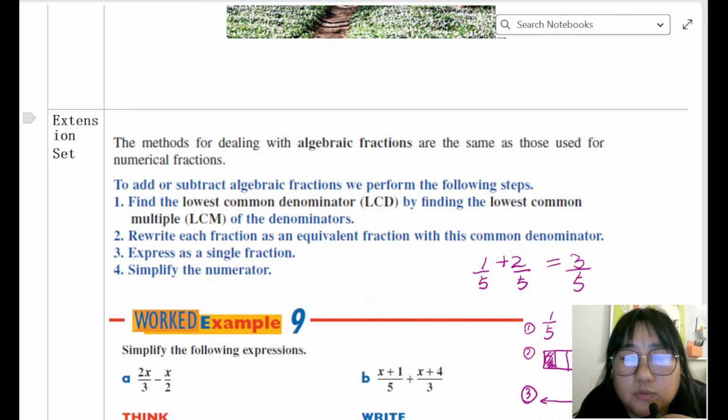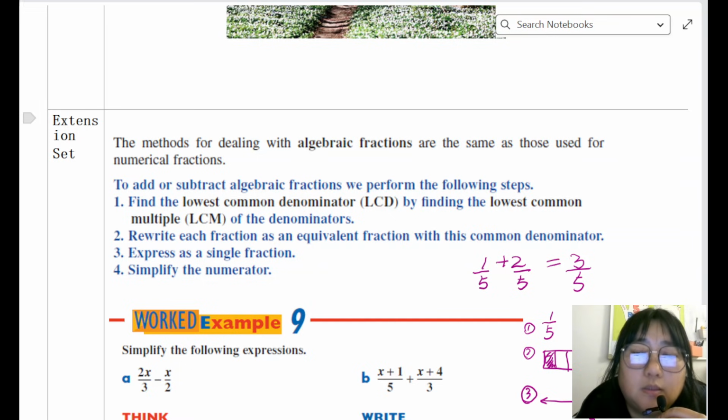Between 0 and 1, we can present our fractions, especially a proper fraction like 1 over 5. We still separate this from 0 to 1, so we split it into 5 even parts: 1, 2, 3, 4, 5. Then 1 of that, from 0 to here, is 1 over 5.